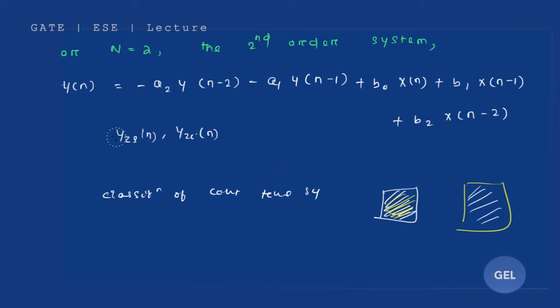Okay, so in the next video lecture we will get into classification of continuous time systems. We'll go through linear, non-linear, causal, non-causal, static, dynamic, all kinds of systems in the continuous time domain. After that we'll get into classification of discrete time systems. Clear?